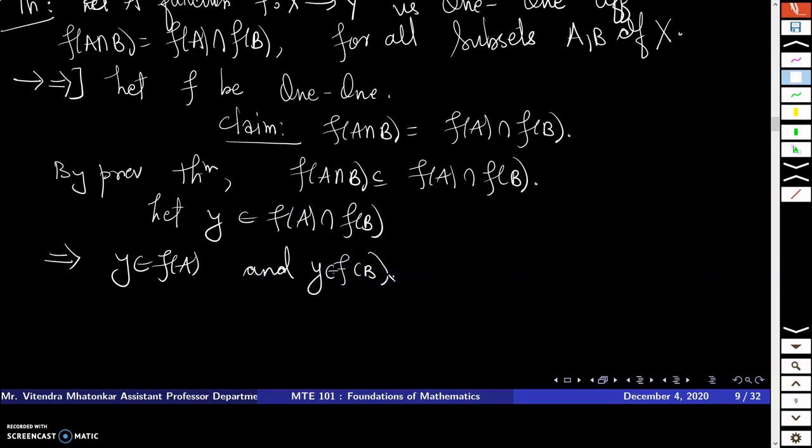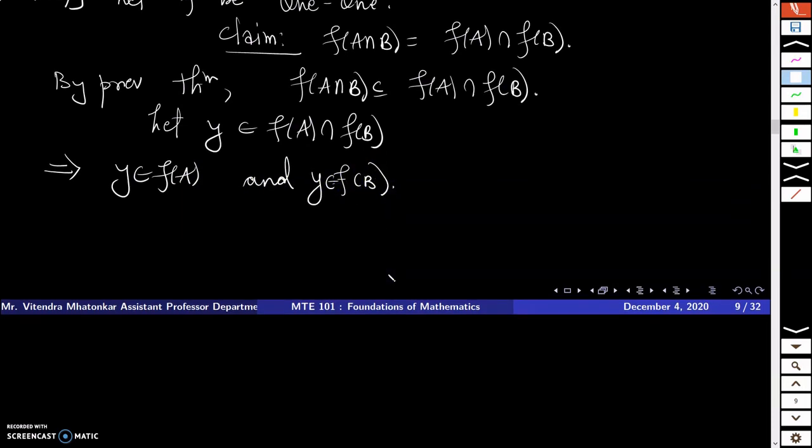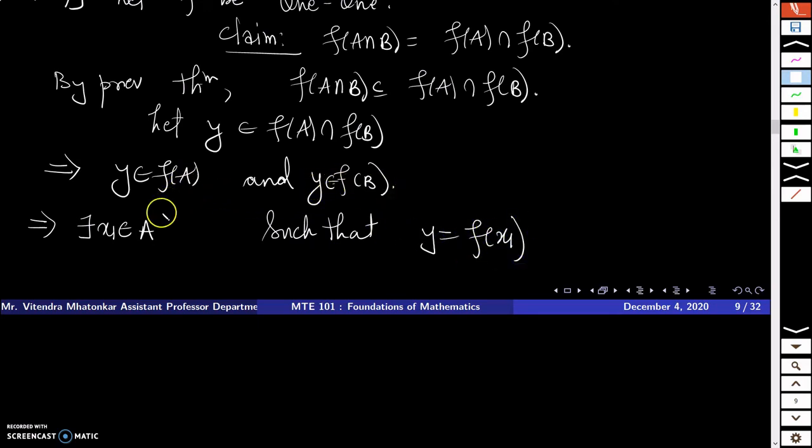Now because y is there in f of A, there exists a point x1 in A such that y is equal to f of x1, and because y is there in f of B, there exists a point, let me call it x2 in B, such that y is equal to f of x2.